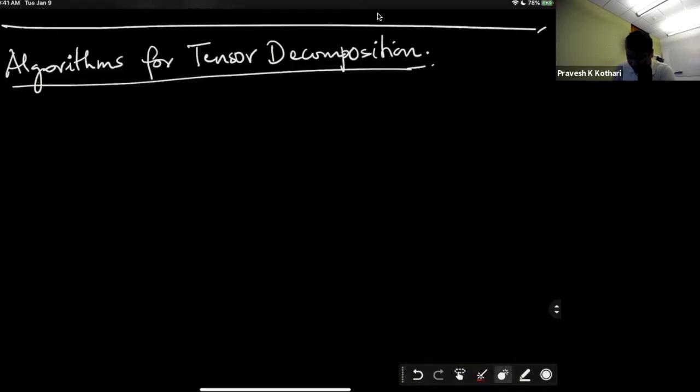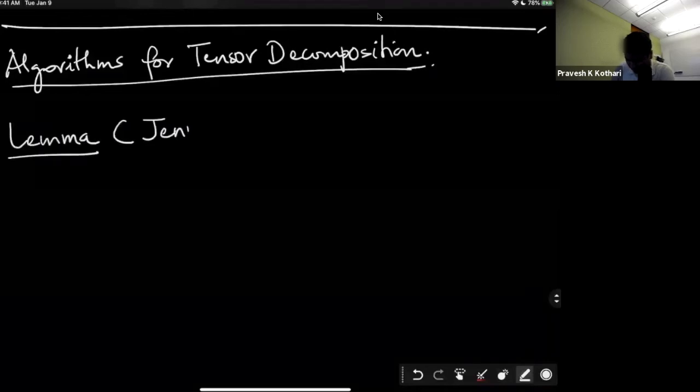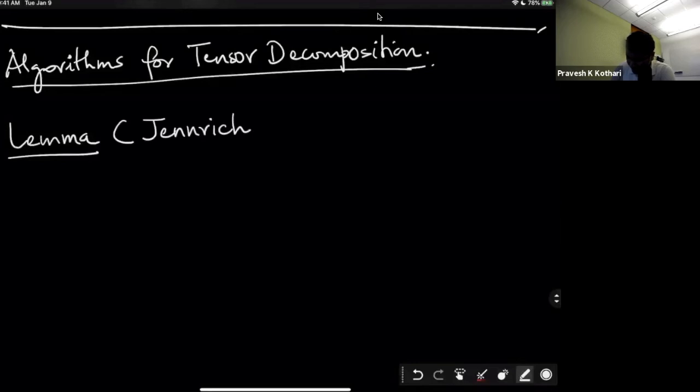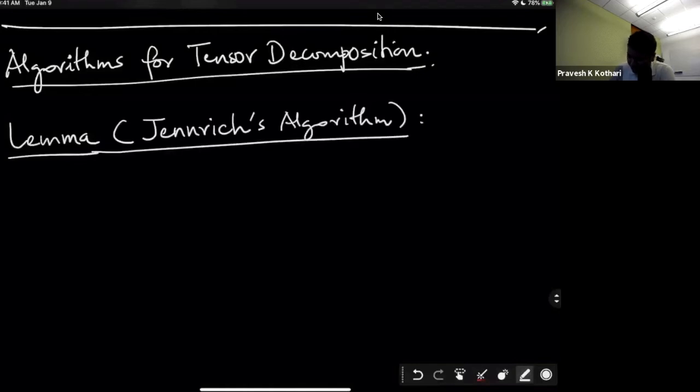So in particular, this observation I'm going to talk about is due to Yenrik. There is some weird issue with attribution of these algorithms.